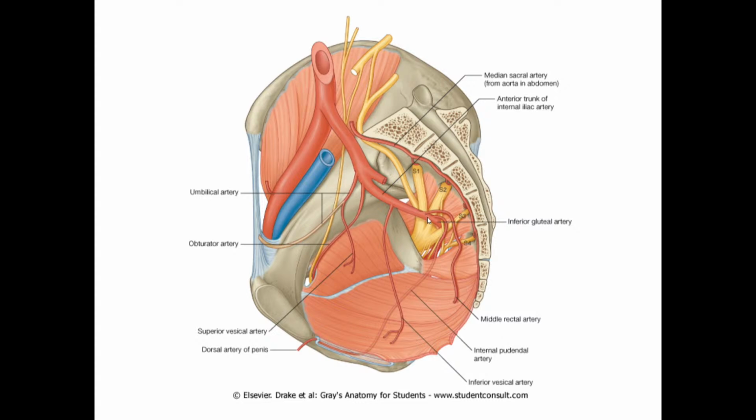We also have the inferior gluteal artery, middle rectal artery, internal pudendal artery, and inferior visceral artery. So these are the main branches of the anterior trunk.